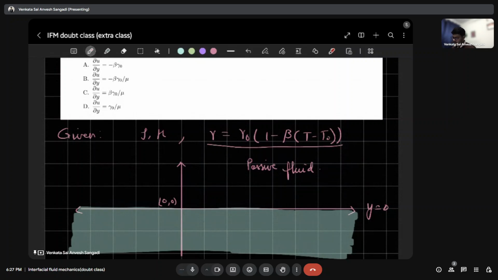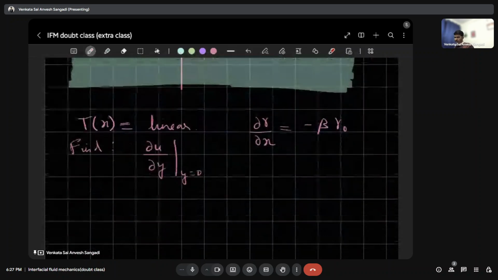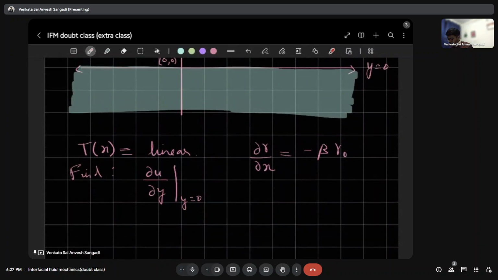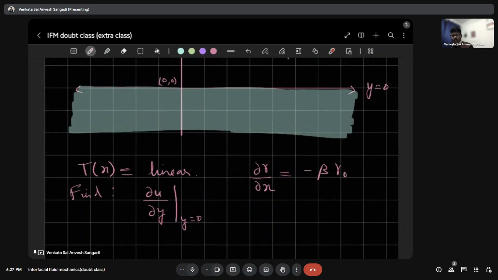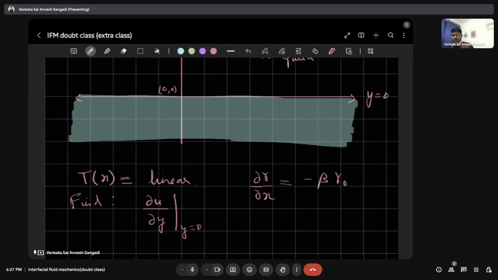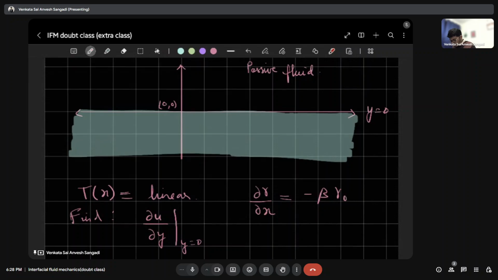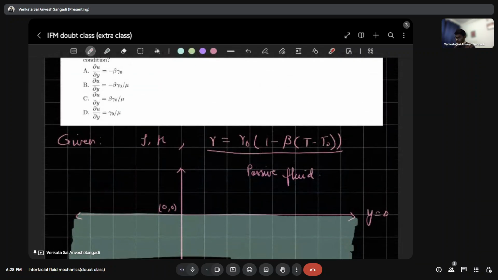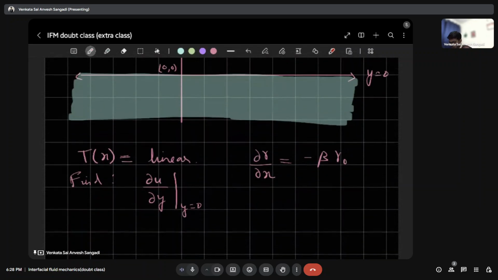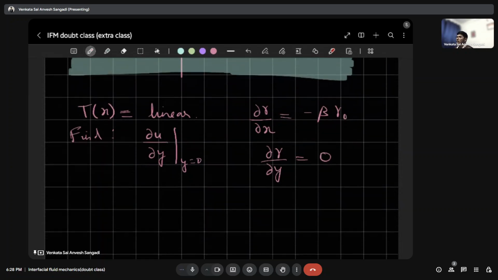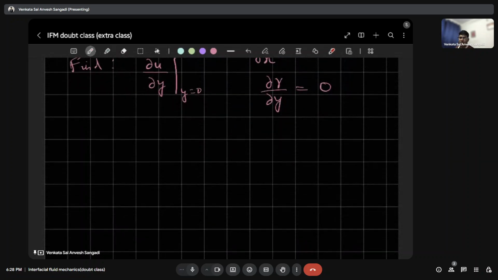If we differentiate T with respect to x, and T of x is linear, then we straight away get del gamma by del x as minus beta gamma naught, and del gamma by del y equals 0, as temperature is only a function of x. So now we'll set up the problem.